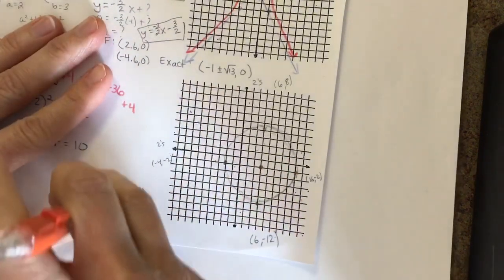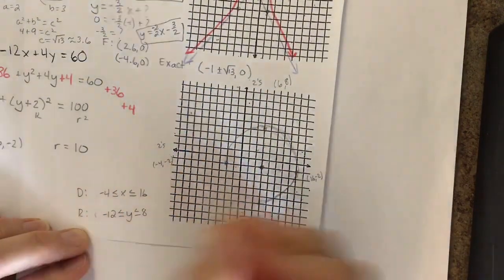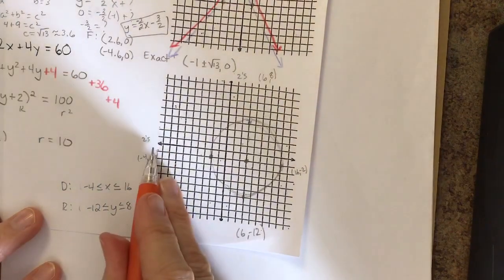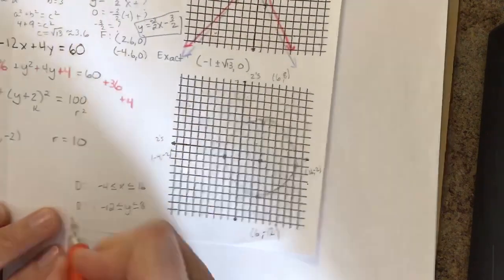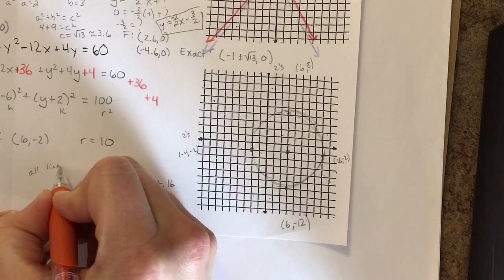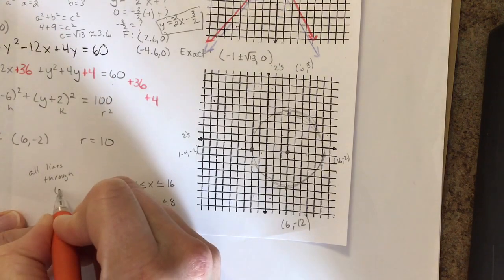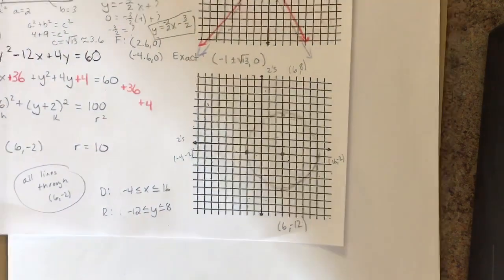Same thing for parentheses. Lines of symmetry, how many? Well, quite a few, but not the x-axis, not the y-axis. Lines of symmetry would be all lines that go through the center, which is 6, -2. Okay, those are lines of symmetry.